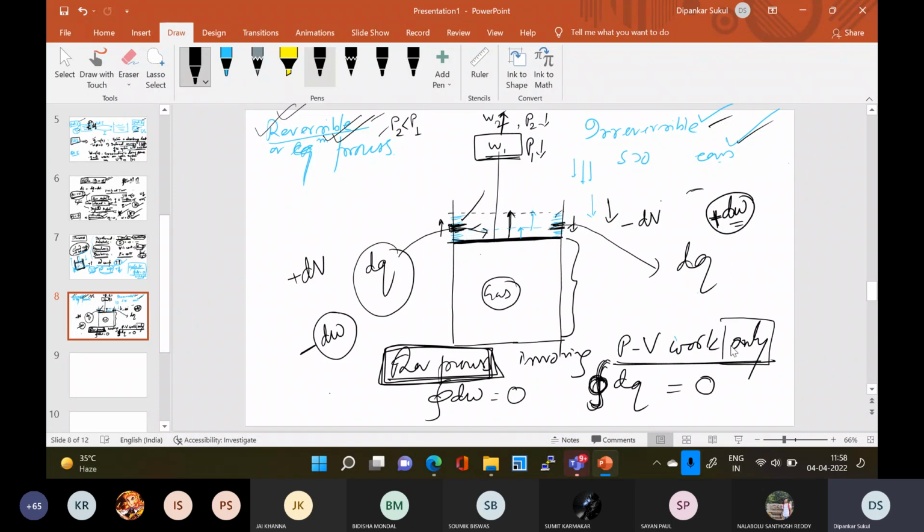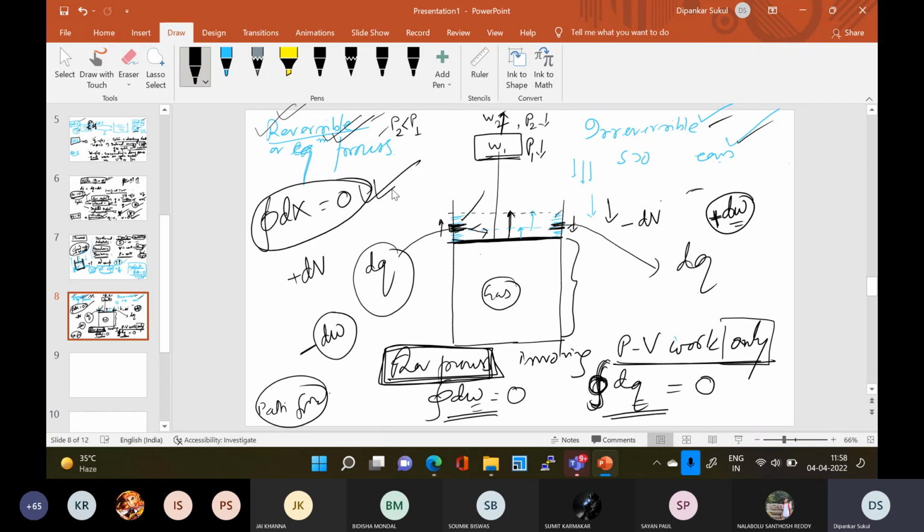Mind it, W or Q, these are path functions, but still it is obeying that relation which is applicable for a state function. As I told you, for a state function, this is applicable for any process, either reversible or irreversible.